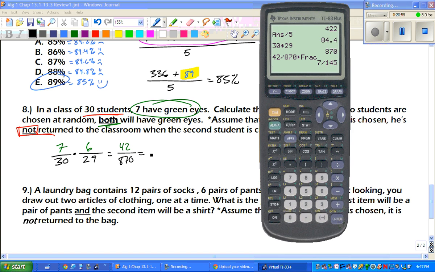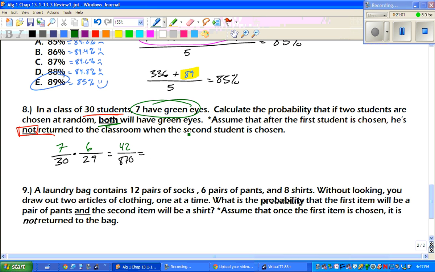And we get 7 over 145. Okay? And if you divide that out, there's about a 5% chance that if you choose 2 students at random, both of them are going to have green eyes.